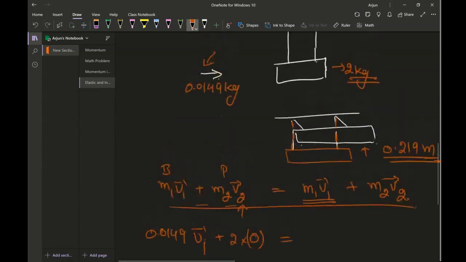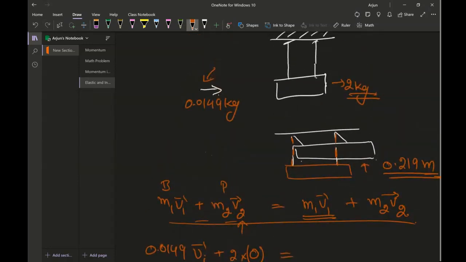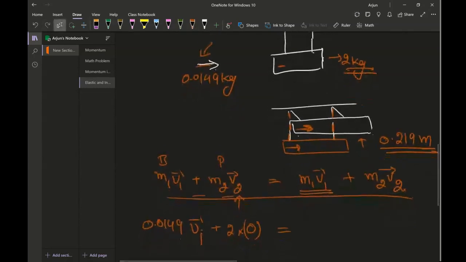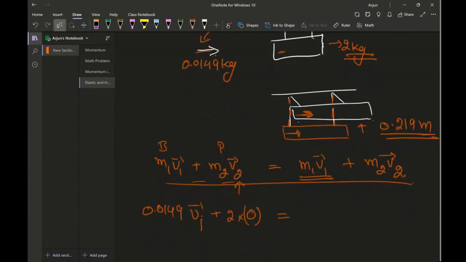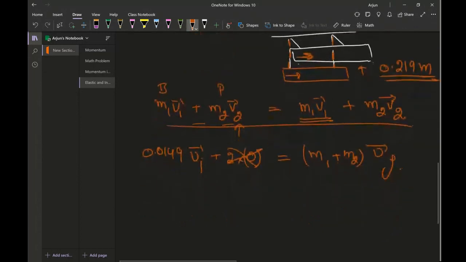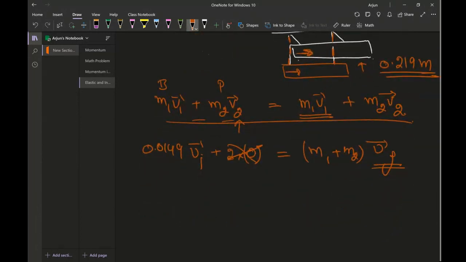Now the bullet, once it strikes the pendulum, gets embedded into the pendulum. I guess you will agree that this is going to get embedded and then both will move at the same velocity. So I can call it m1 plus m2 because both become one system, times v final. Now this term will be 0, but now I'm stuck here.